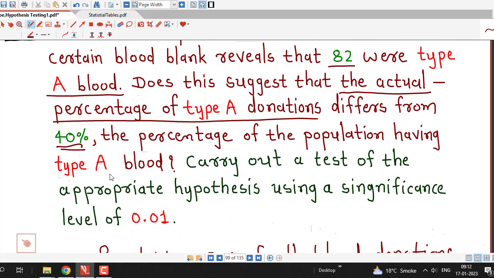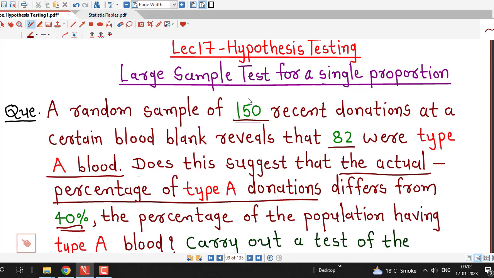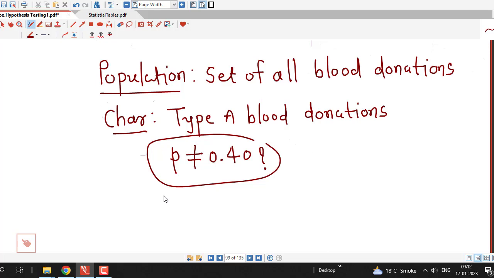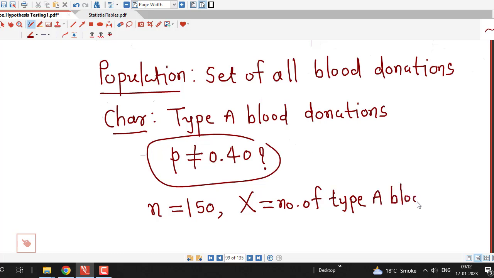Now here they are considering a random sample of 150 donations and find that 82 are of type A. So the random sample is of size n equal to 150, and if we consider capital X equal to the number of type A blood donations in the sample, then X is 82.